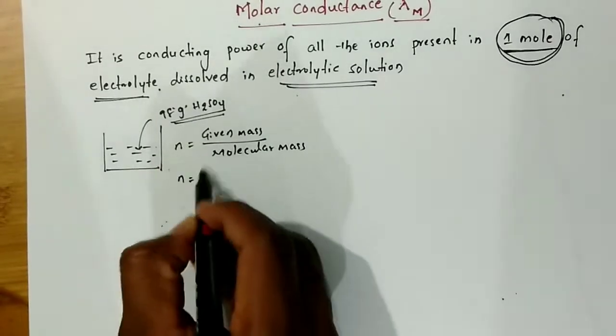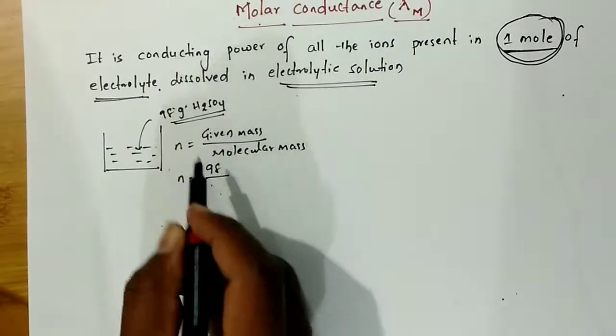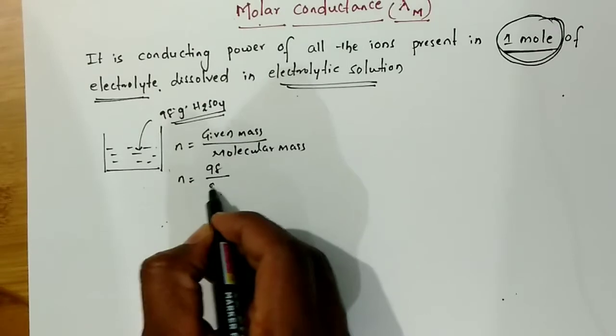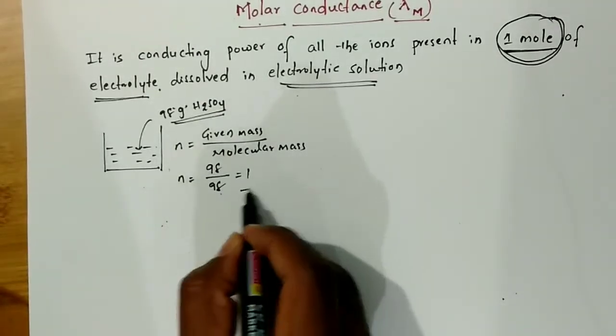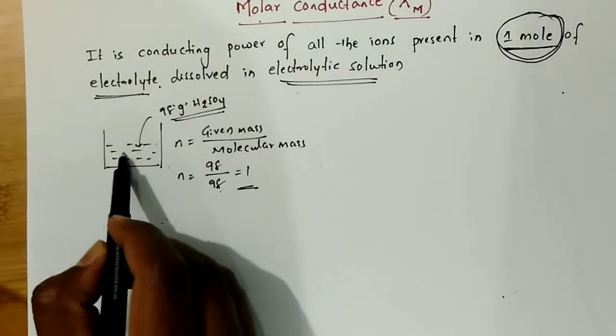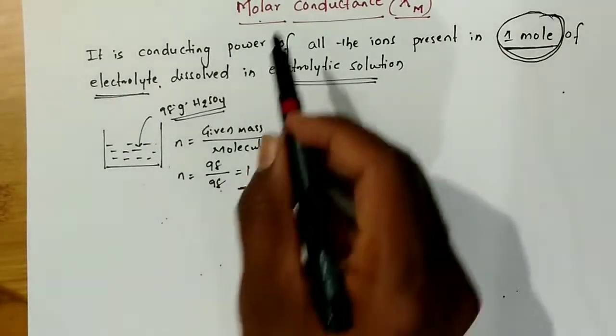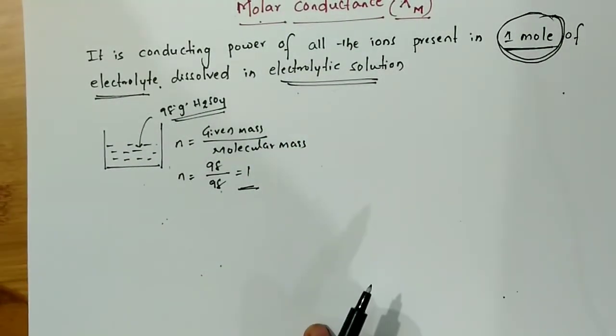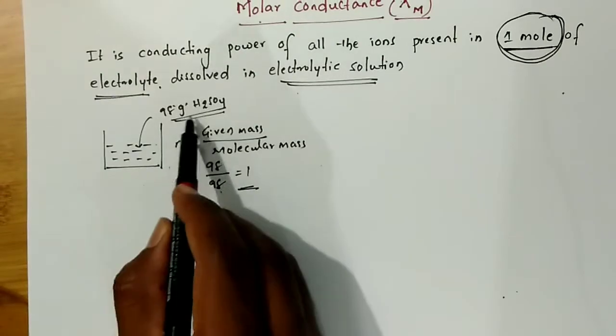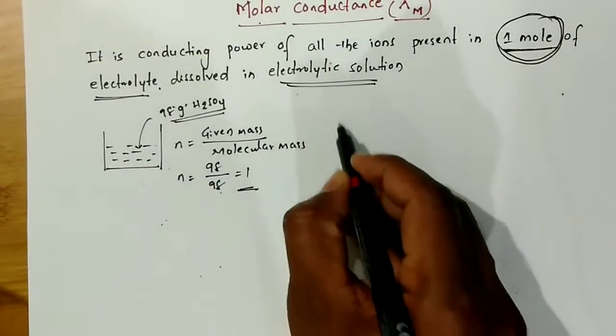So given mass is 98, and H2SO4 molecular mass is also 98. So the number of moles is 1. So the conductance shown by this electrolytic solution is molar conductance, because 1 mole of electrolyte is present in this solution.